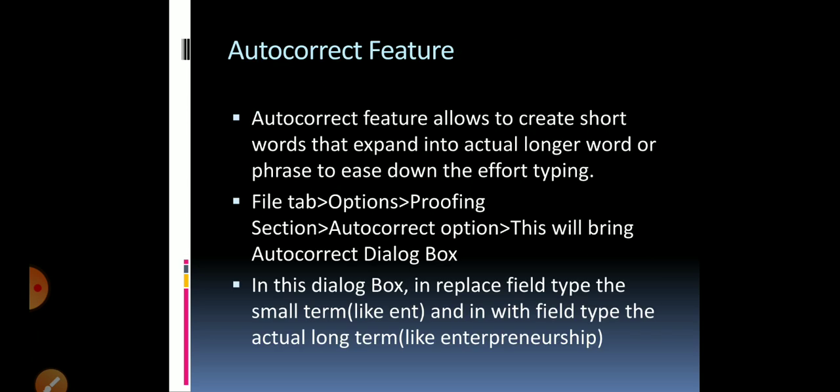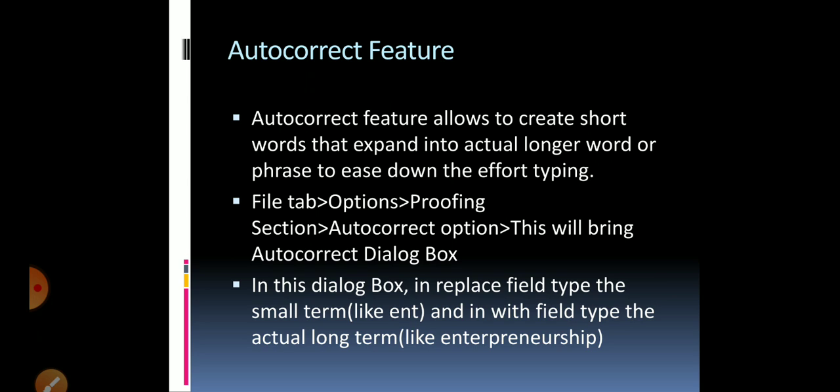Next is autocorrect feature. Autocorrect feature allows to create short words that expand into actual longer words. Like I have written magic, and I want to show magically. So some words are being autocorrected. I have written magic, and if I have switched on my autocorrect feature, it will write magically.